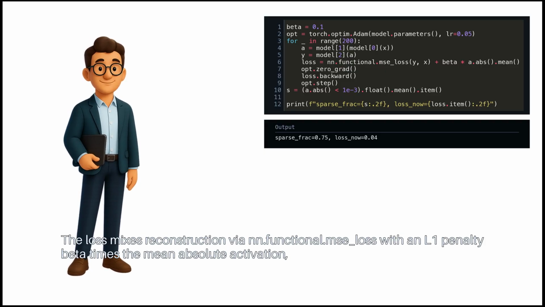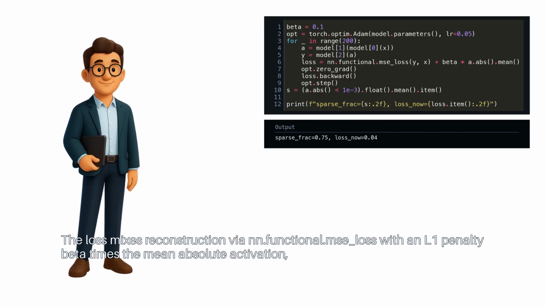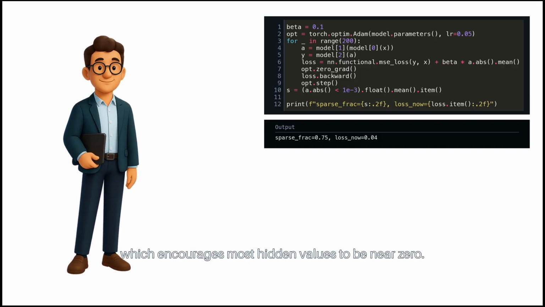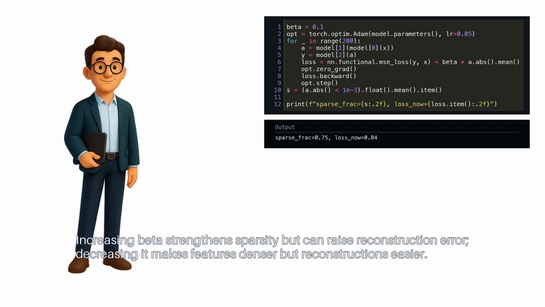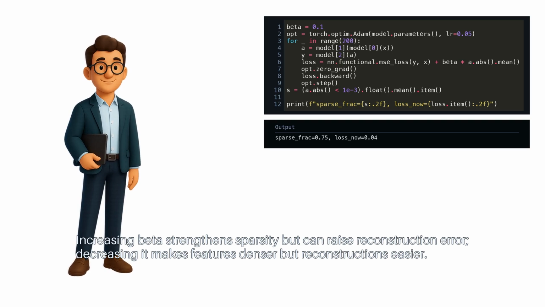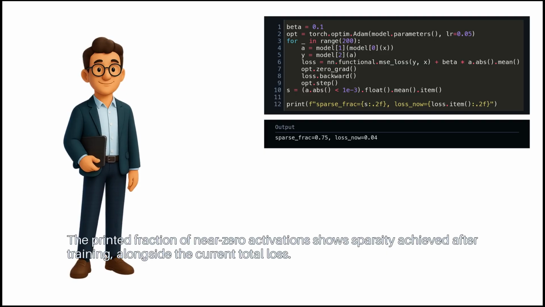The loss mixes reconstruction via nn.functional.mse_loss with an L1 penalty, beta times the mean absolute activation, which encourages most hidden values to be near zero. Increasing beta strengthens sparsity, but can raise reconstruction error. Decreasing it makes features denser, but reconstructions easier. The printed fraction of near zero activations shows sparsity achieved after training, alongside the current total loss.